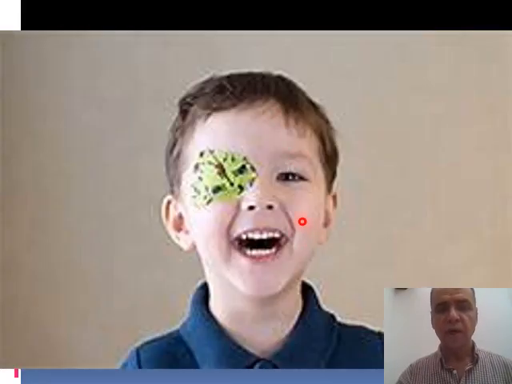This boy has left monocular esotropia. The fixation is almost always by the right eye, and the left eye is almost always deviated. For this reason, there is poor visual acuity in this eye, because the suppression and the ignorance is persistent for the left eye.